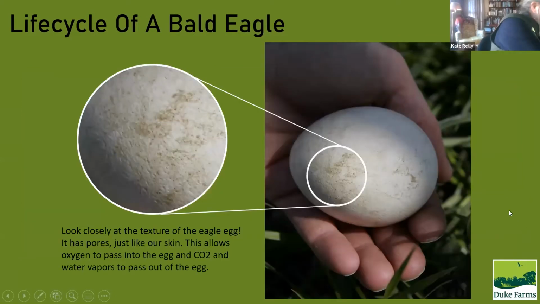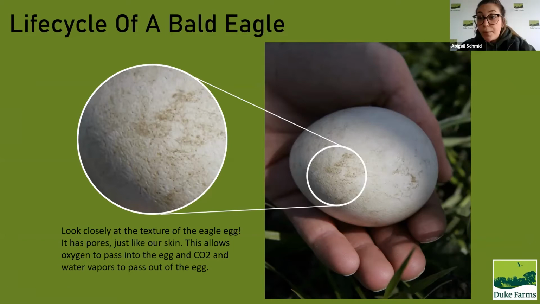Okay. Here I have zoomed in a little bit on the texture of a bald eagle egg. And this is something that you may not know because you've probably never been that close to a bald eagle egg before. So looking closely, especially at this section where there's a little bit of a shadow beginning to start, you can see these pores all along the outside of the eggshell.